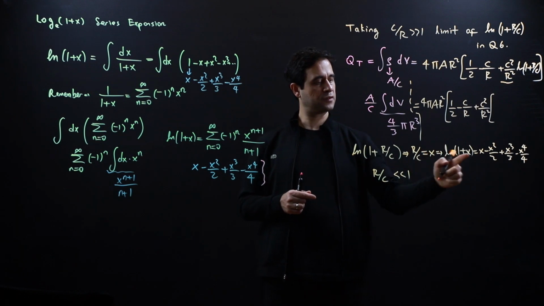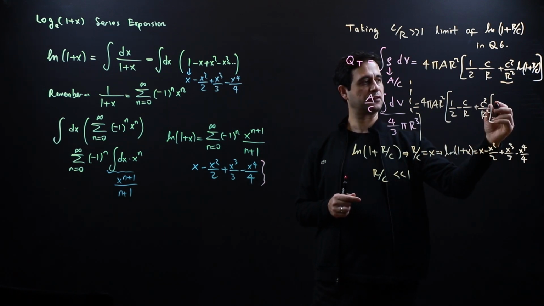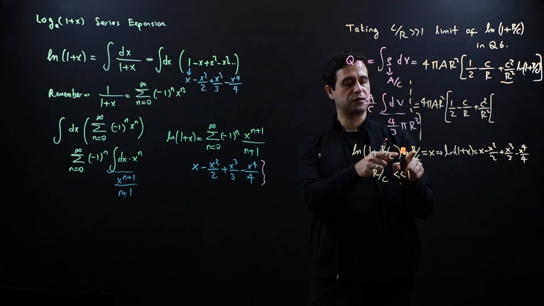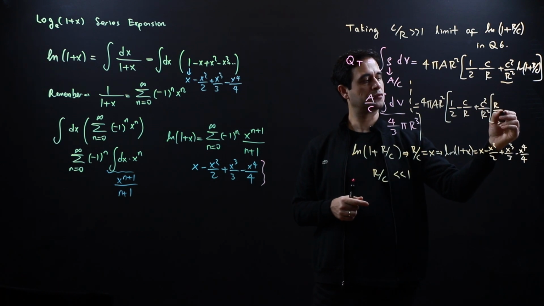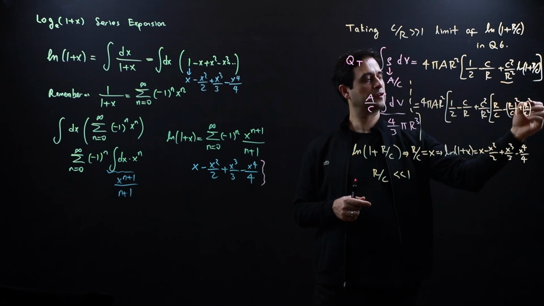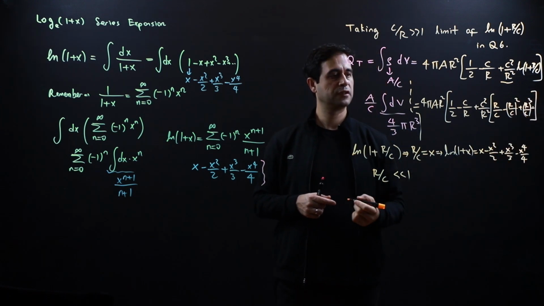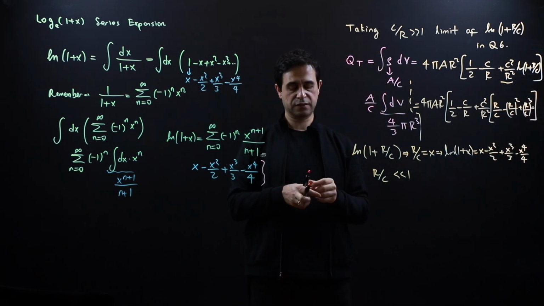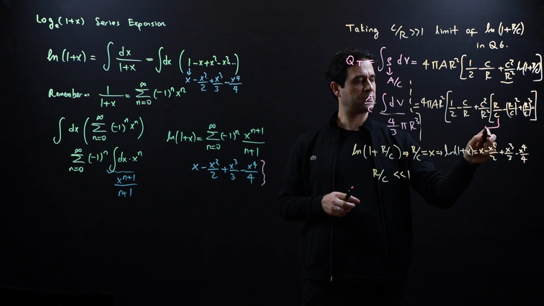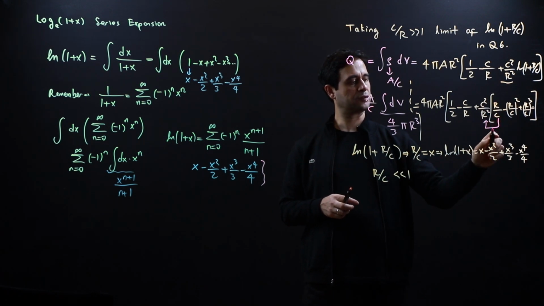The first term in this expression is x, and remember that x is equal to r over c. So that's r over c. The second term is r over c squared. The third term is r over c cubed. And there are higher order terms. So you see that this times that gives you, r's cancel, and you get c over r.